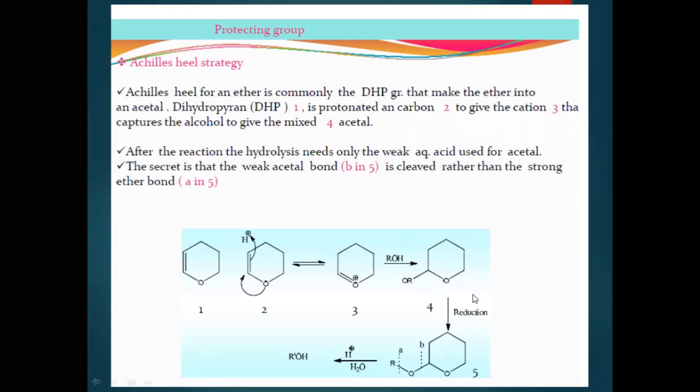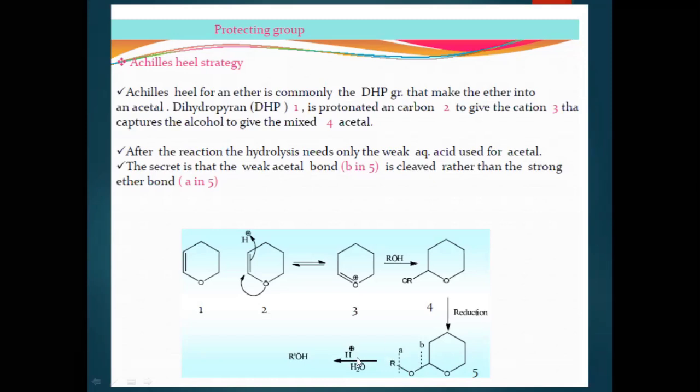After that, you can do the reduction on any reducible functional group which is present on the R. So after the reduction step, you will get R dash. This actually helps to protect this particular functional group, OH.